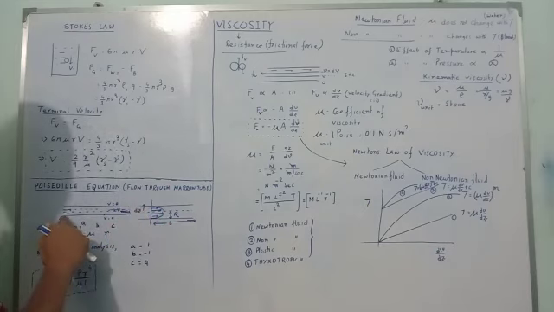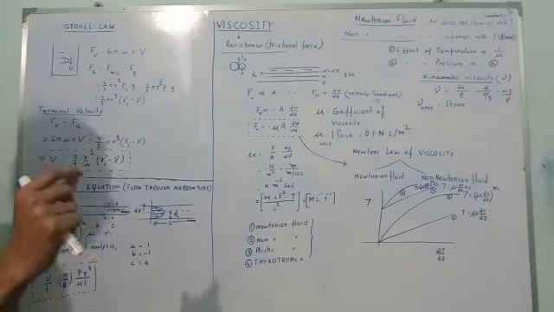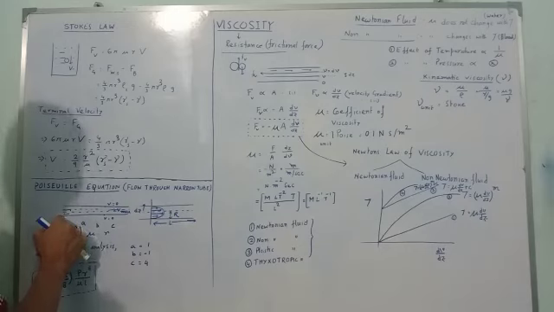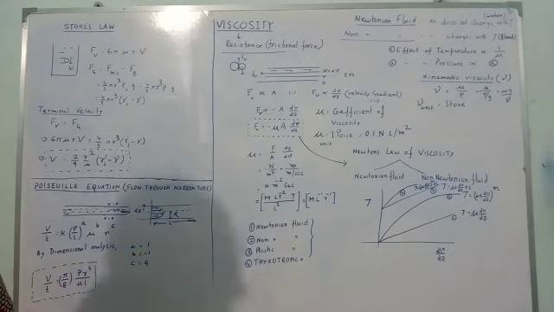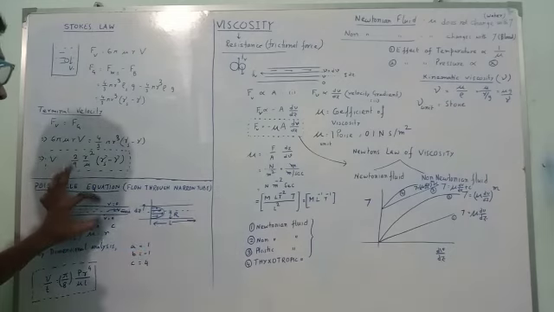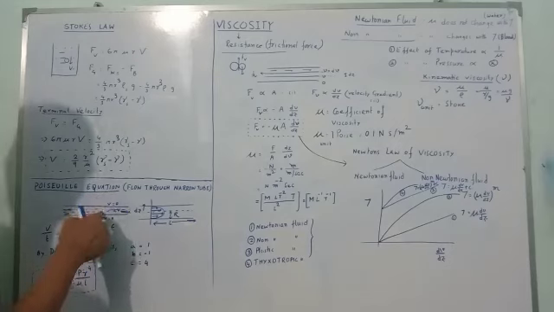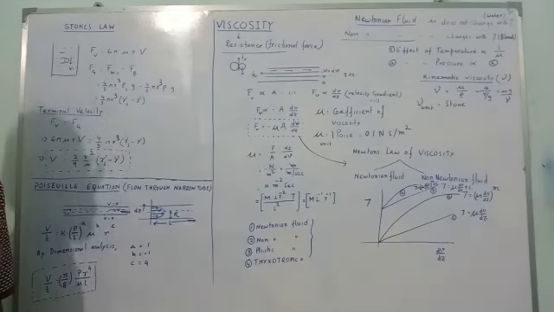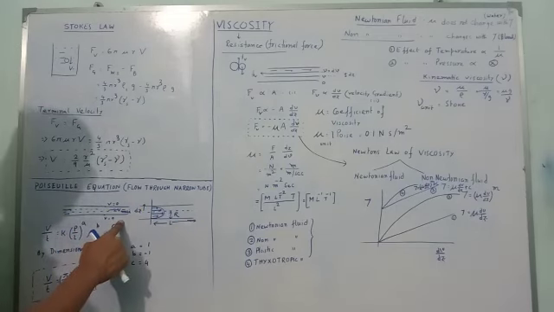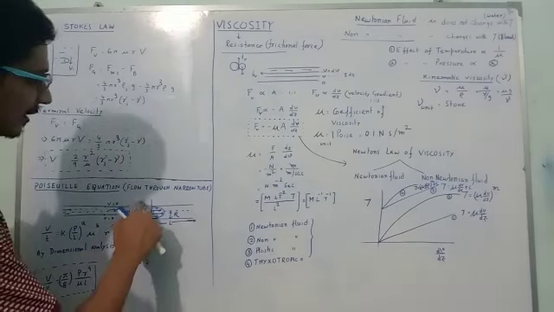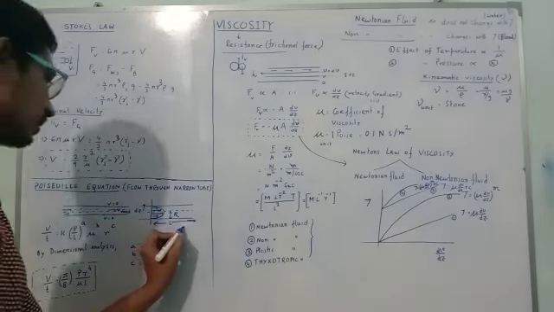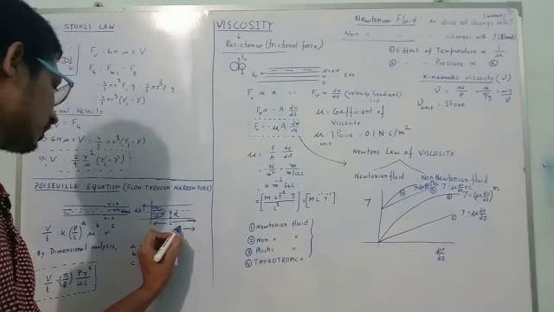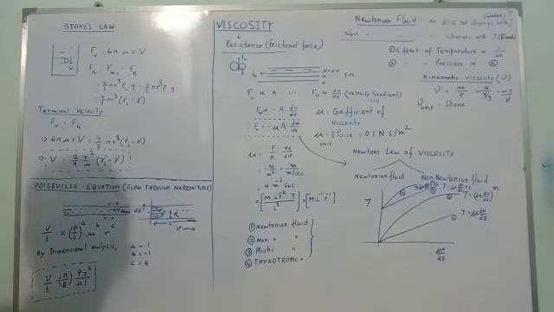Considering the case that the liquid particles at the top and bottom layer, which are directly in contact with the wall of the tube, are at rest, their velocity is 0, and in the middle of the tube the velocity becomes maximum. If you plot it like this, the velocity profile will look like this. Velocity profile.